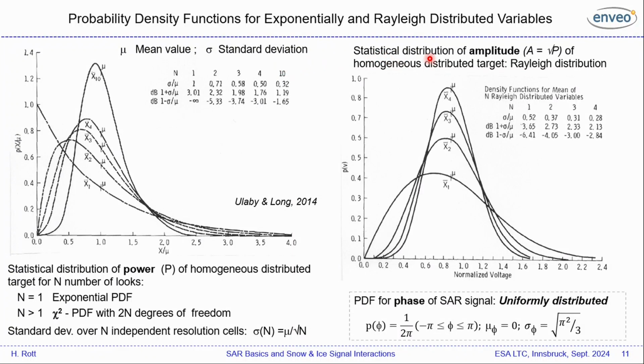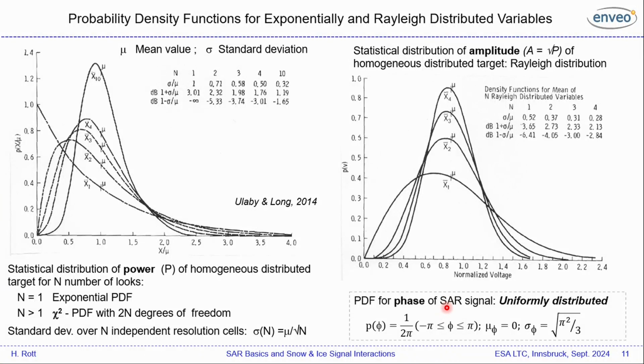It's different for the amplitude. There, amplitude is the square root of power, and this is the Rayleigh distribution. And then the probability density function of the phase of the SAR signal. That's also interesting.